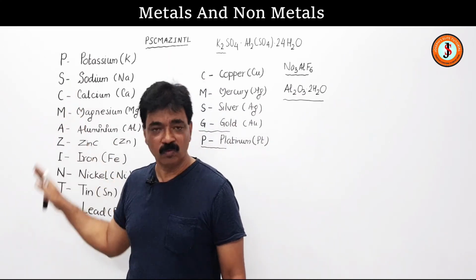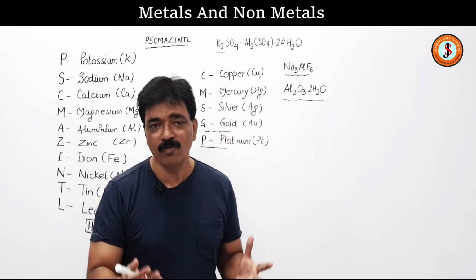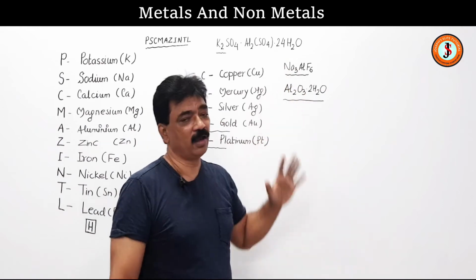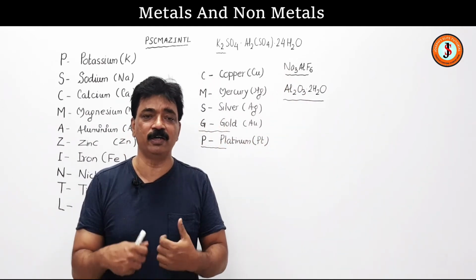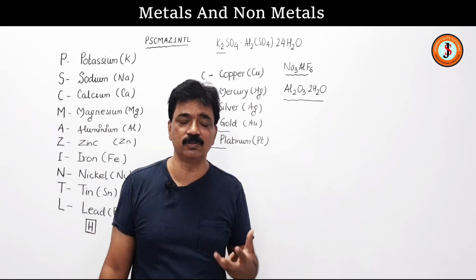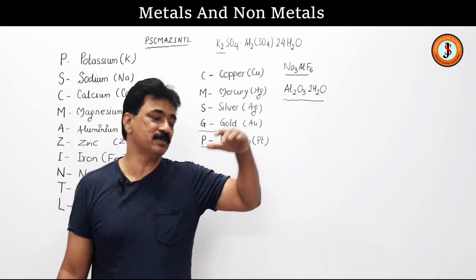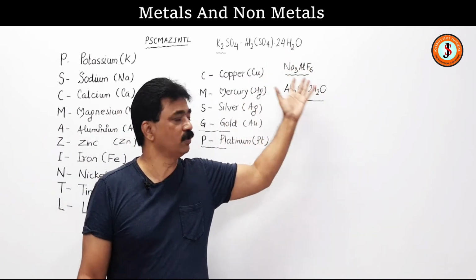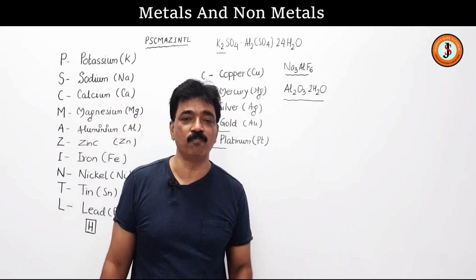You can say that the more reactive metals will be found in their compound form like these, and the less reactive metals will be found in their free state or native state. Gold and silver will be found in native state, whereas aluminum and sodium will be found in their combined state, in their compound form.